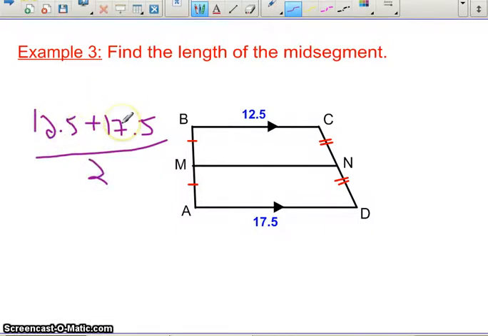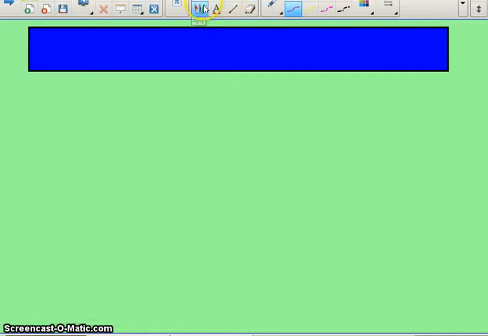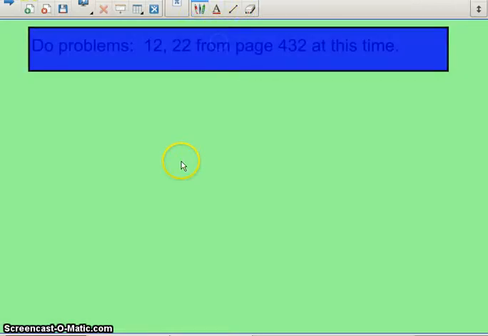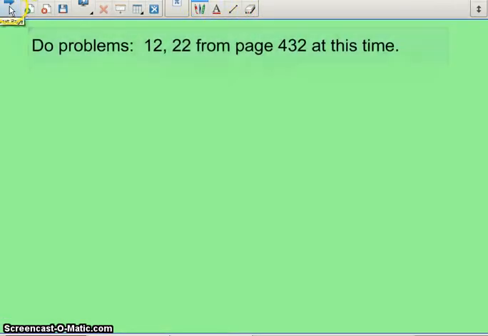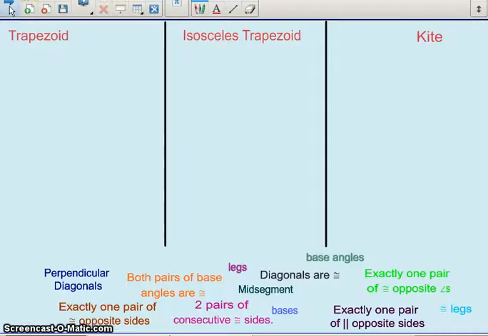So let's see, that's going to be 30, divided by 2 would give me 15 for the length of the mid-segment. So that one wasn't too bad. Let's move on here. Alright. Boom, there's the regular geometry classes' problems.